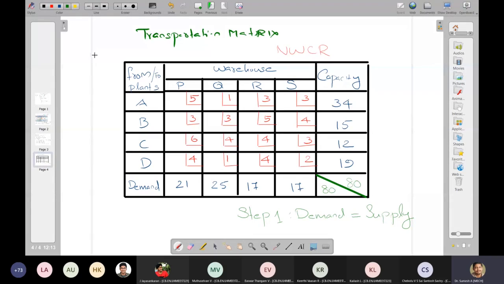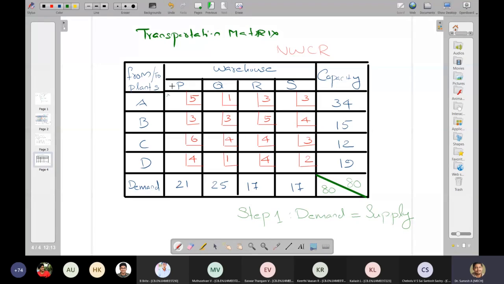So which is your northwest corner in the given matrix? It will be AP.